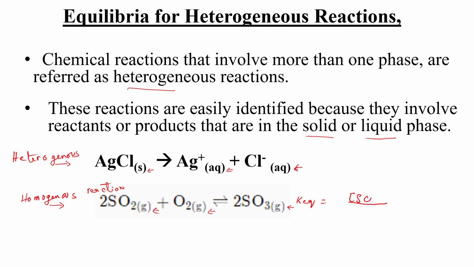Our product is sulfur trioxide, and sulfur dioxide and oxygen are the reactants. So remember, this is the expression for the K equilibrium for a homogeneous reaction. You will see how this is different from the heterogeneous reaction in the next few slides.